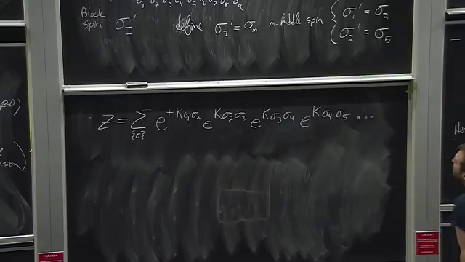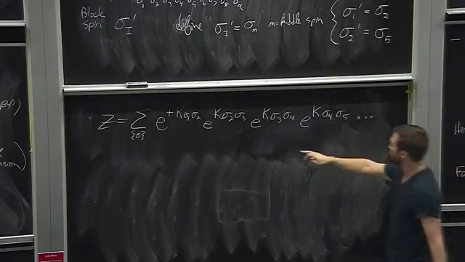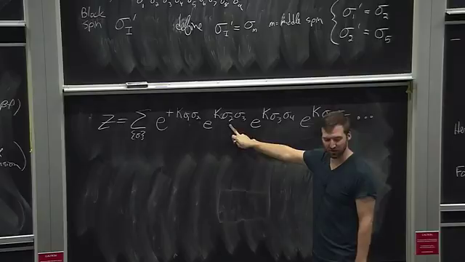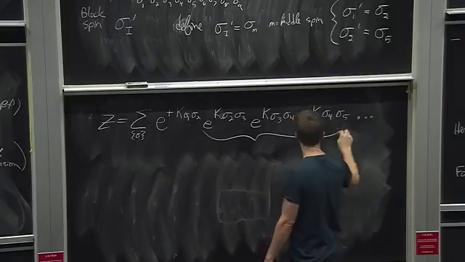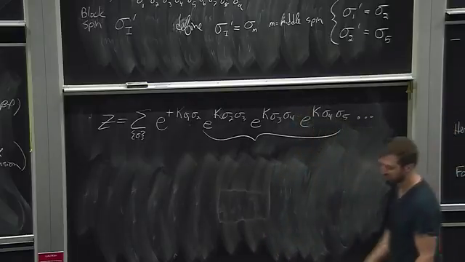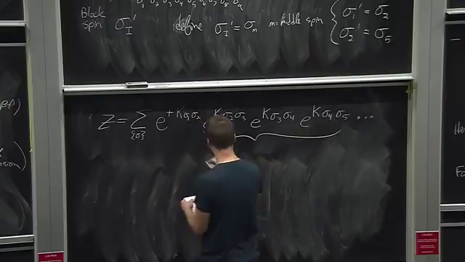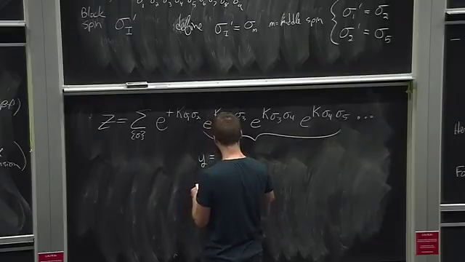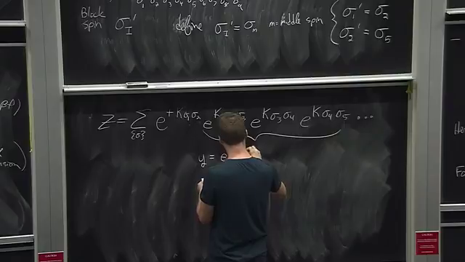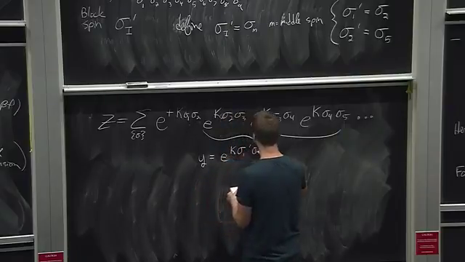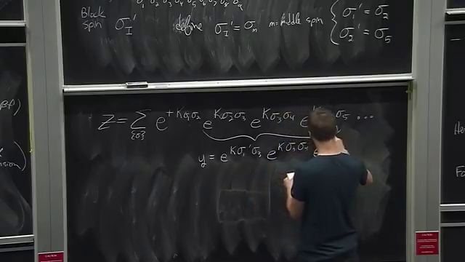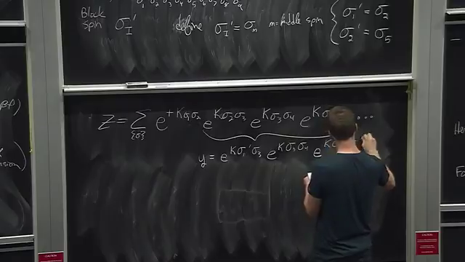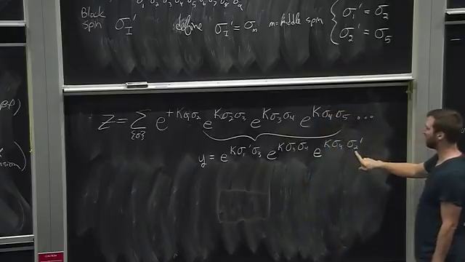So the first position my block spin occurs, sigma 1 prime, is here. Okay, so I'm going to have to take the trace over this object. Let me look at these 3. Basically all I'm doing is the trace now. Sigma 1 prime is sigma 2. And sigma 5 is sigma 2 prime.